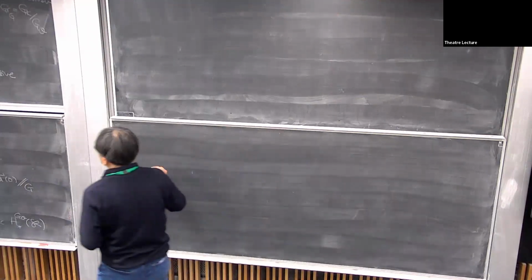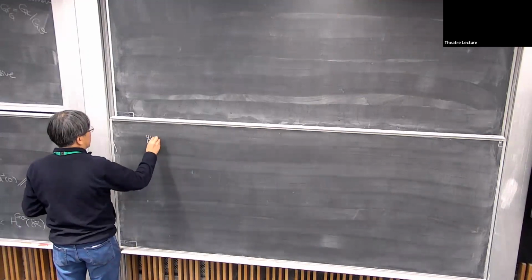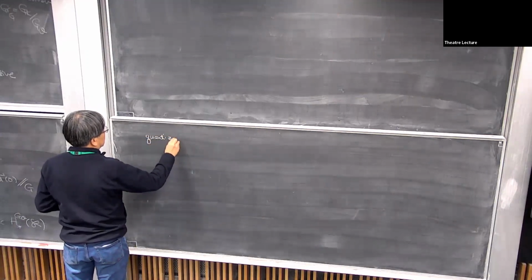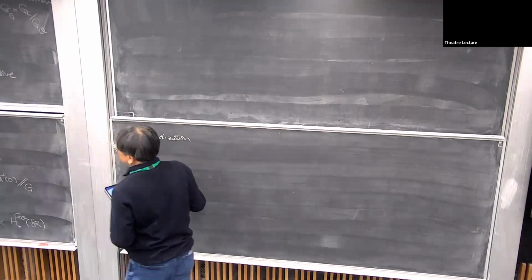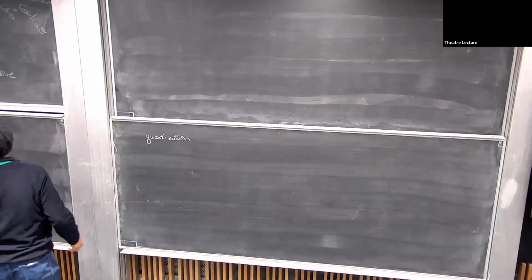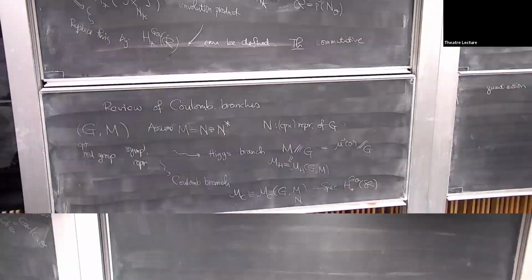And we also consider quantization. Quantization here means the deformation quantization. So this commutative algebra has a non-commutative deformation.